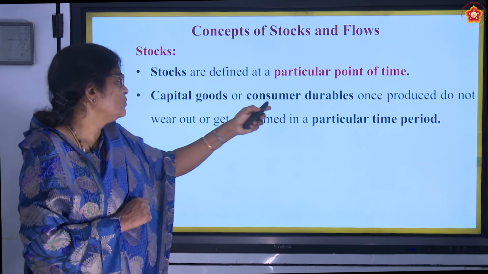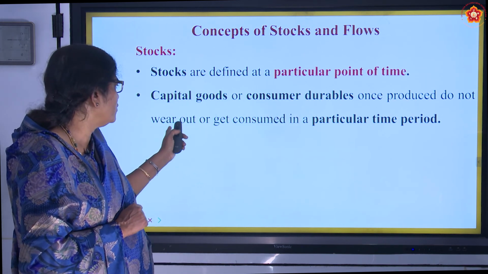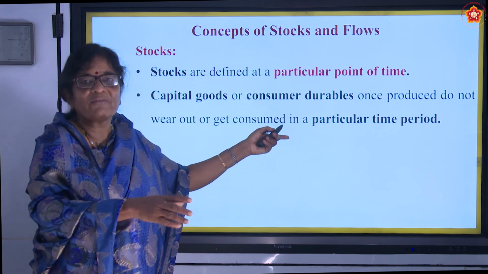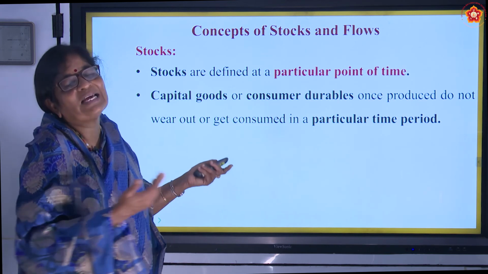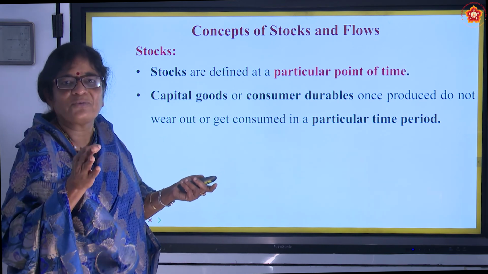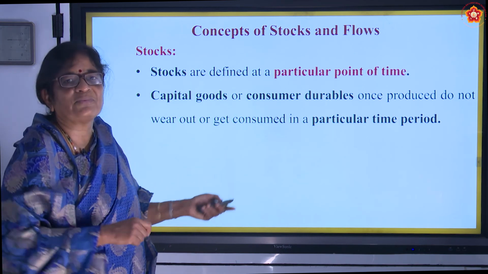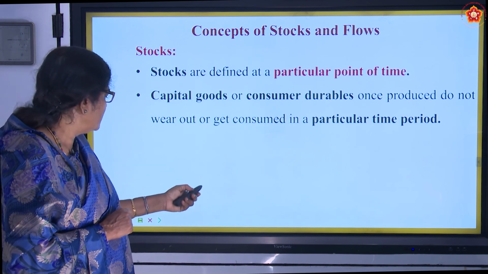These durables and capital goods do not wear out or get consumed at a particular time period. We can't say this car will be utilized only for 6 years. We can't say definitely anything. We can only calculate at a particular point of time how much the value of the car is at that point of time, not over a period of time. Therefore, these come under stock concepts.